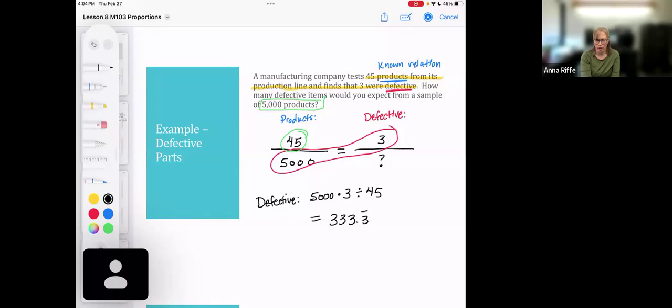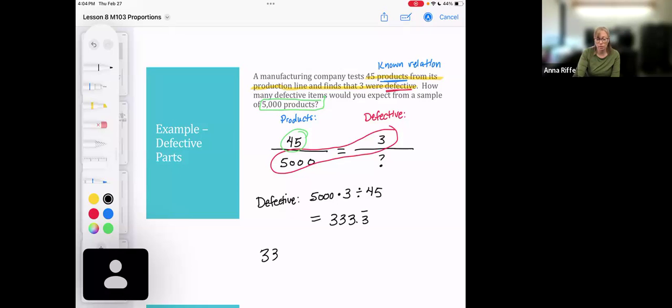Since we're talking about products, though, it's probably a good idea to state this as a whole number. So this is the number of expected defective products. So we could probably round down here.